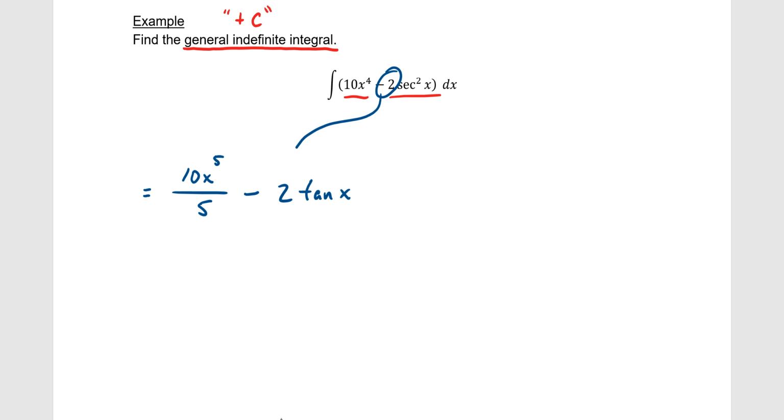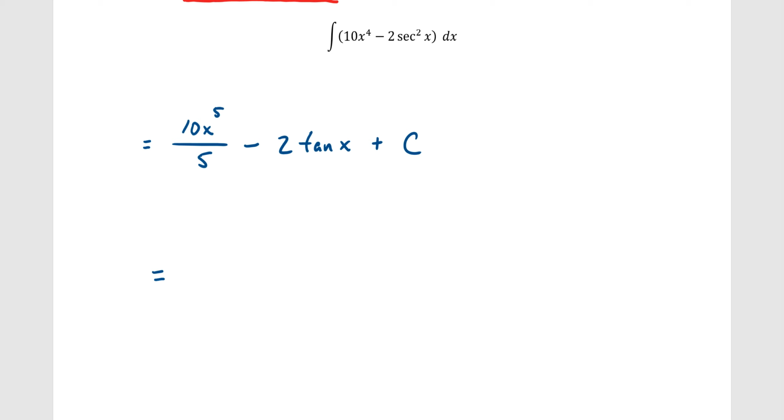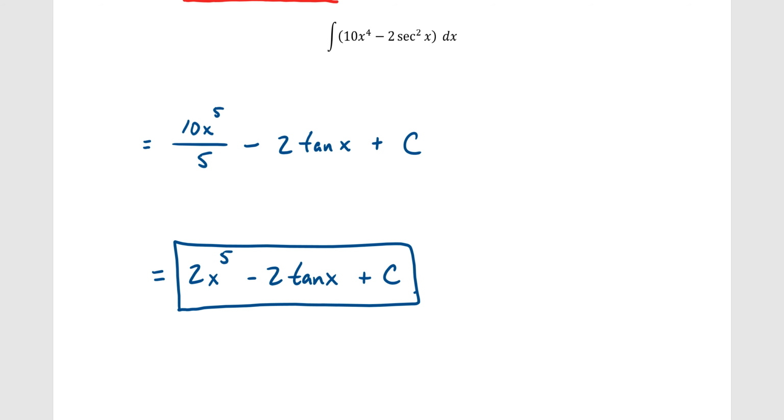Since negative 2 is a constant, it just comes along for the ride. Once we have those two done, all we have to do is add in a plus c at the end, plus any constant. And then we have to simplify. Simplifying 10 divided by 5, we get 2x to the 5th minus 2 tangent x plus c.